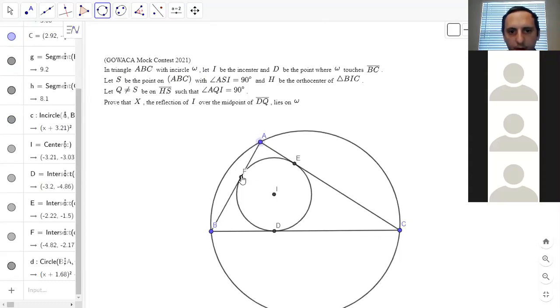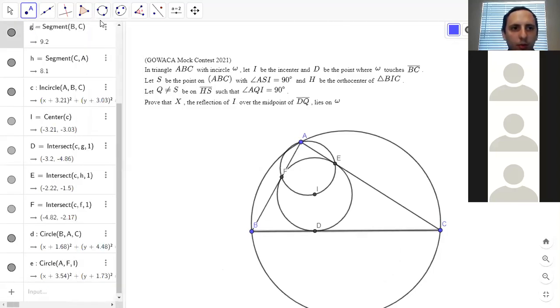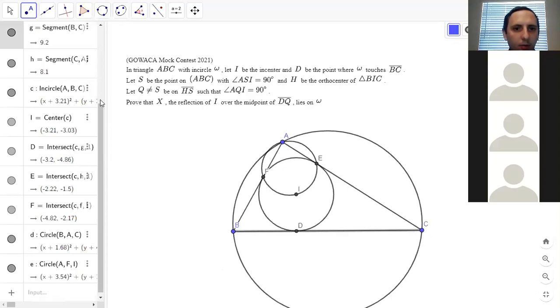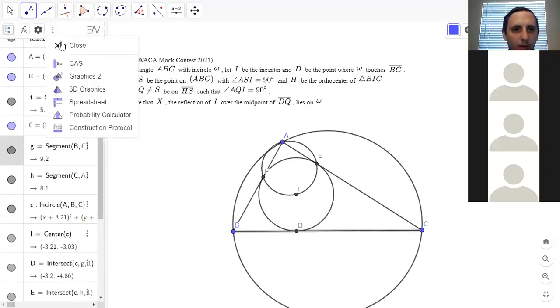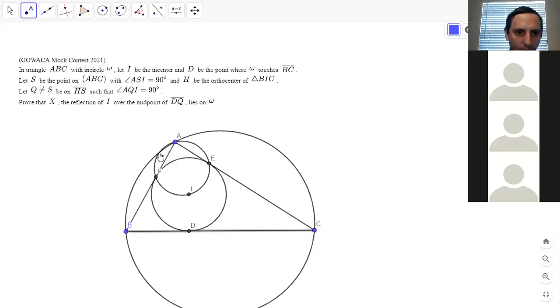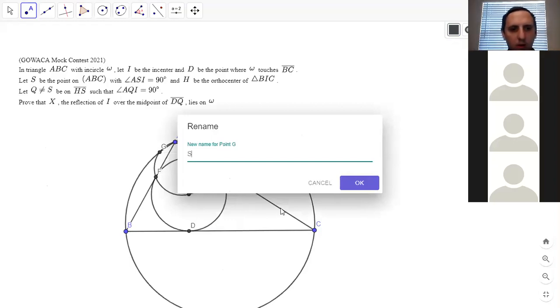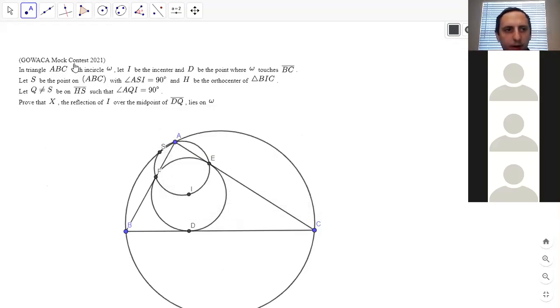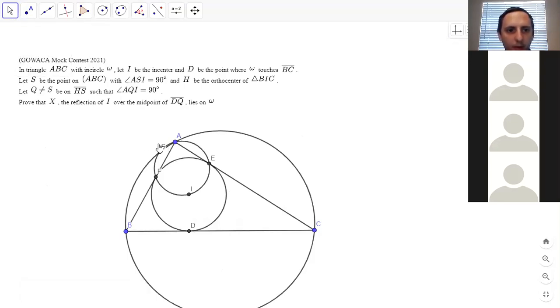So inversion is often very useful in these problems. So this is point S. And often it helps to invert about the incircle in these kinds of problems.